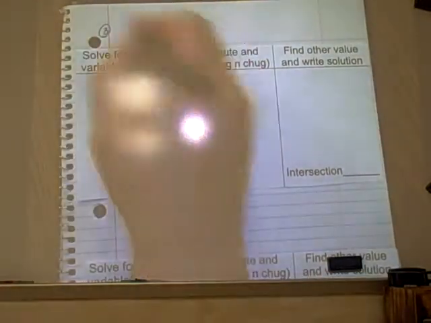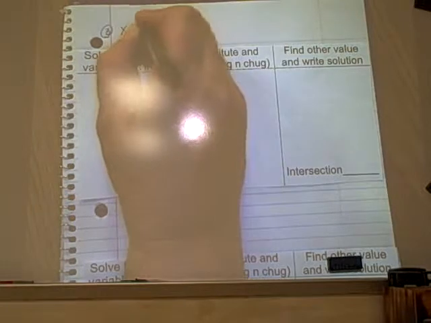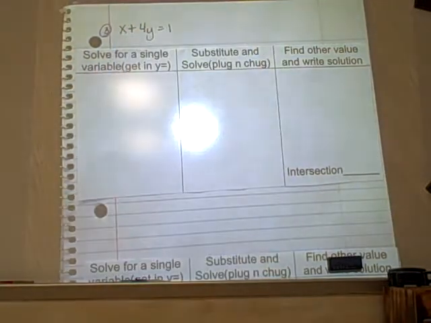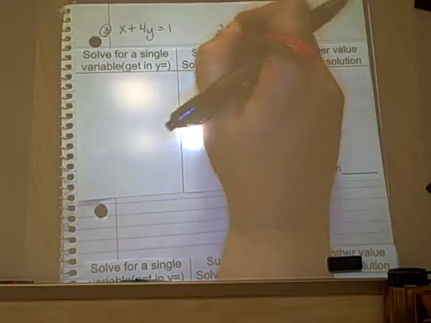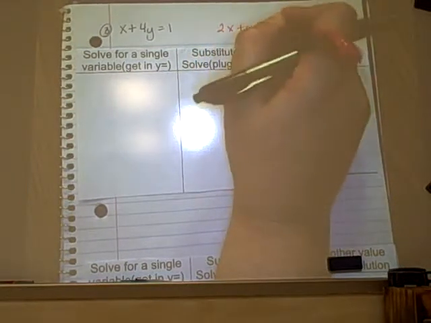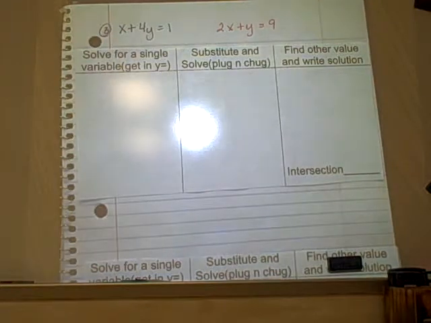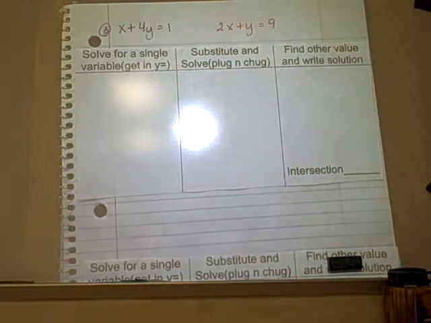Your equations are x plus 4y equals 1 and 2x plus y equals 9.